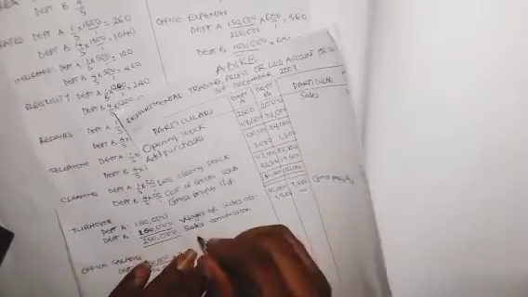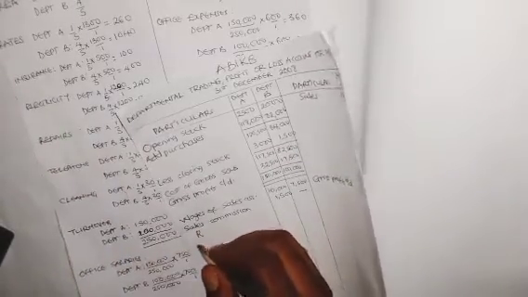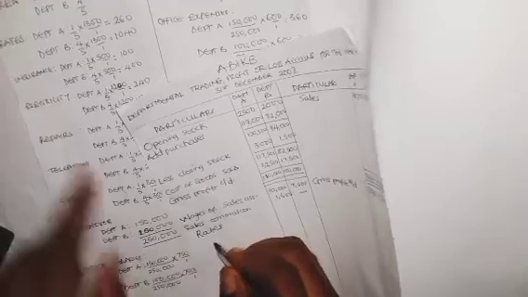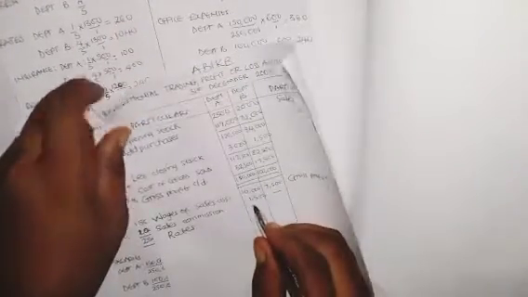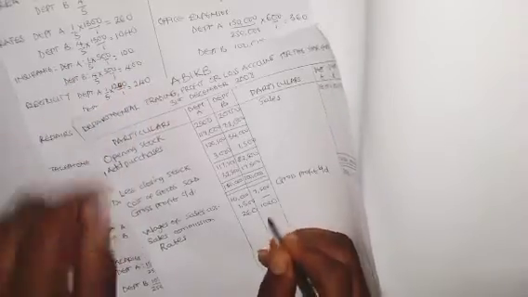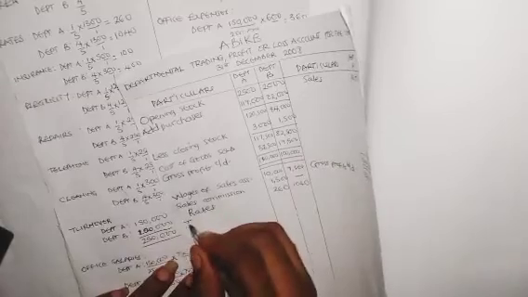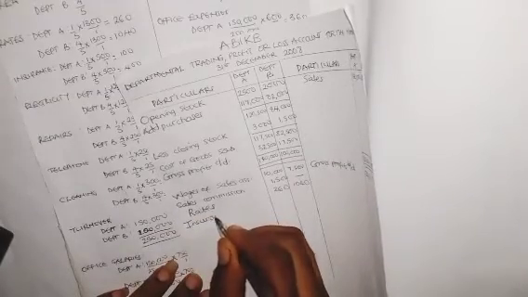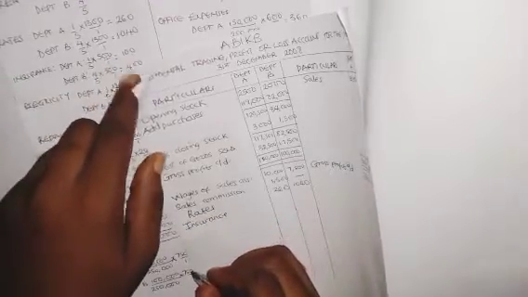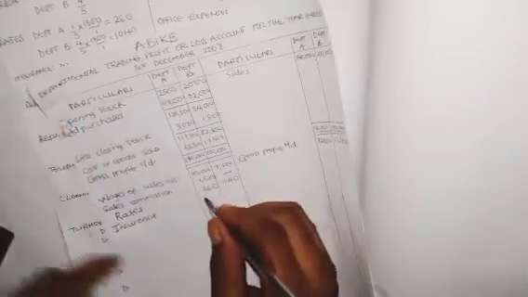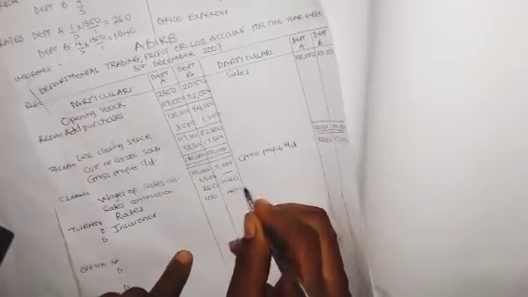For rates, department A is 260. Department B is 1,040. The next one, insurance. Department A is 100. Department B is 400.